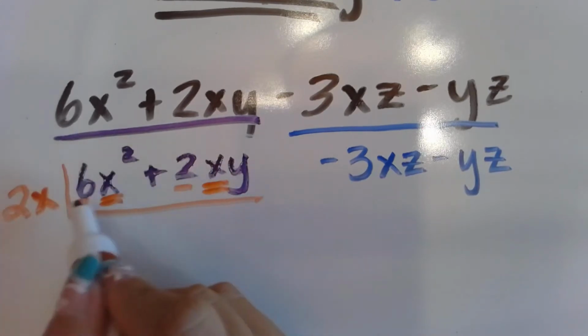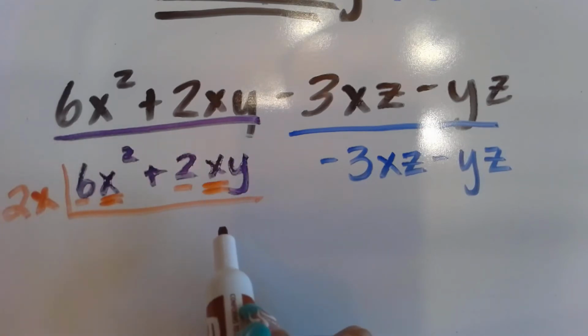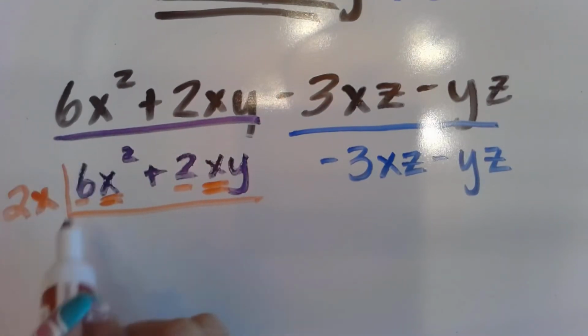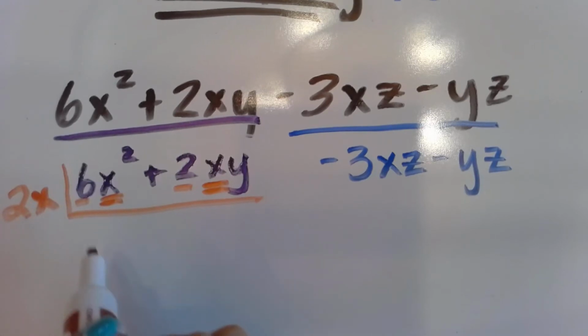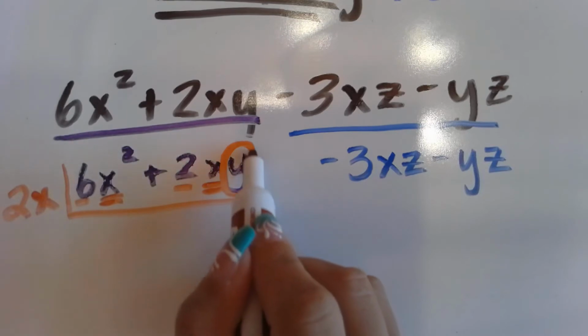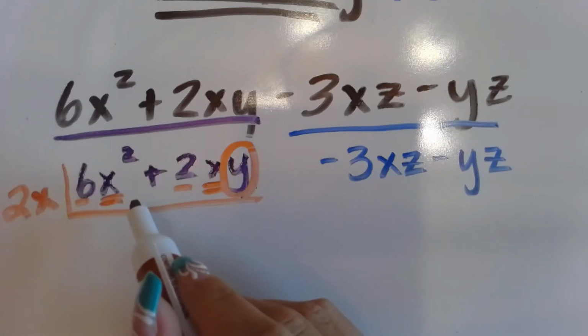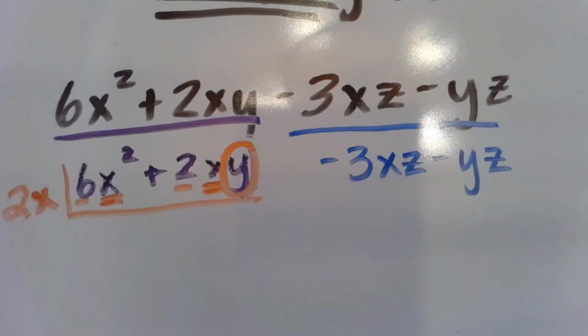And which one has the smallest exponent? This one does, because it has that imaginary 1 off to the side, but we're not going to write it here because we're going to try and get out of writing the 1 every single time. Now this one has a y here, and we are going to keep that here because this one does not have a y.